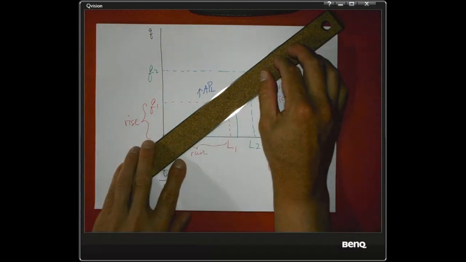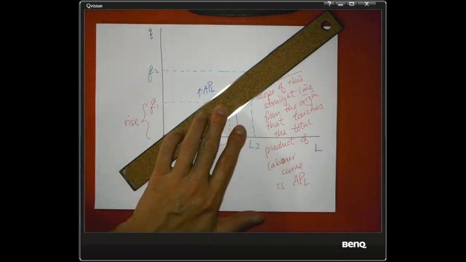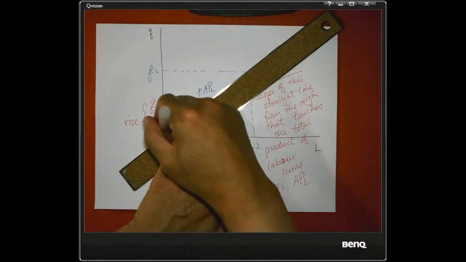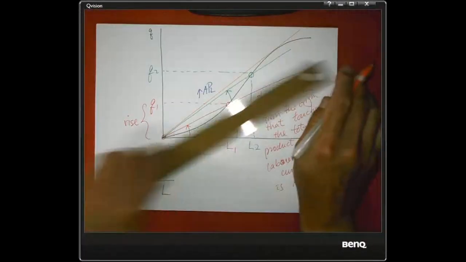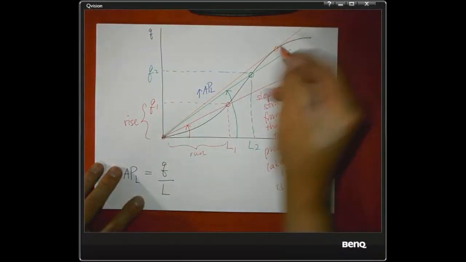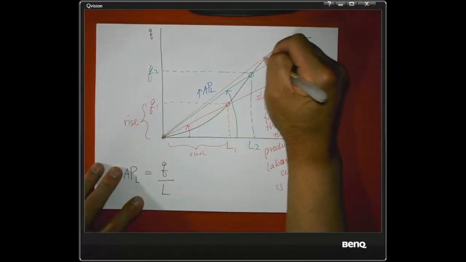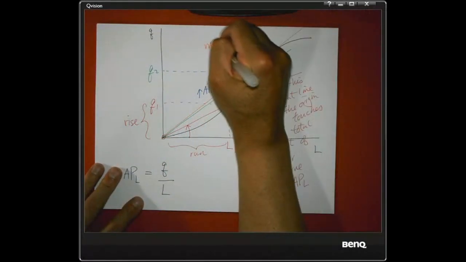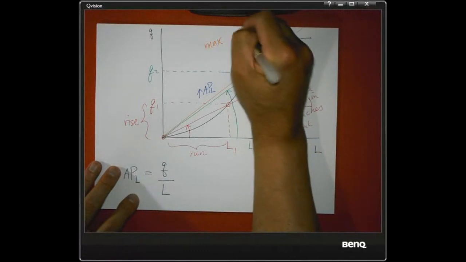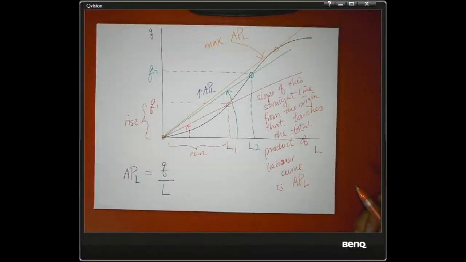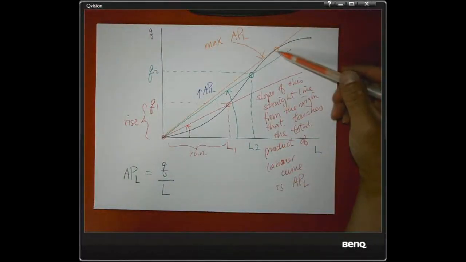So this is actually the slope with the maximum average product of labor. It's like right at the cliff.